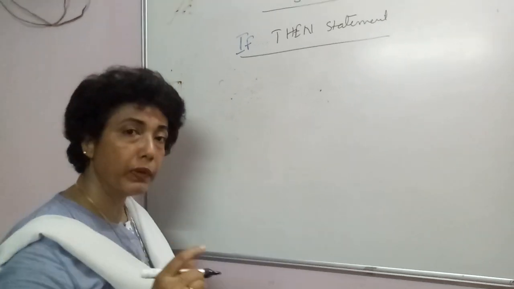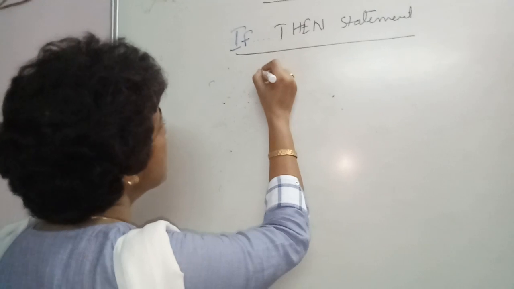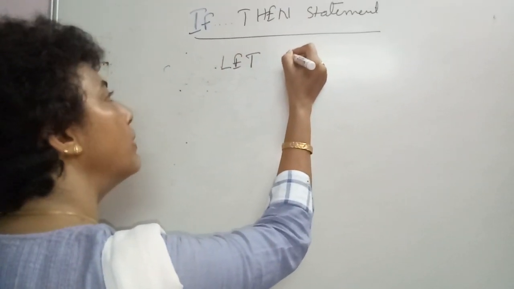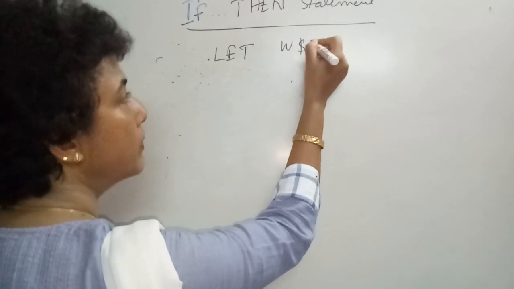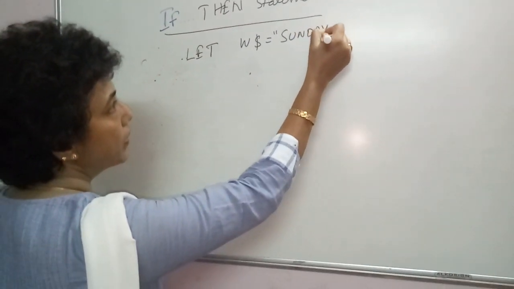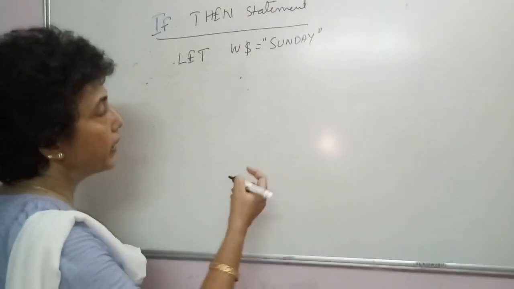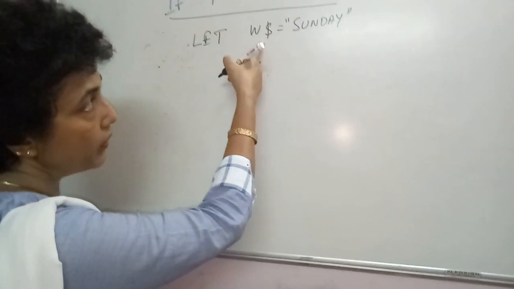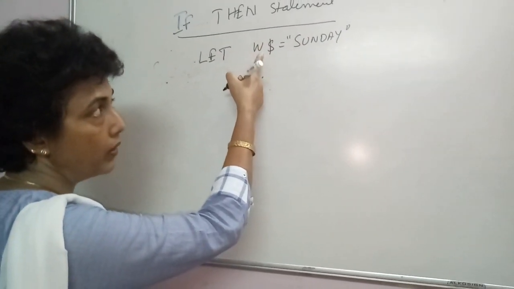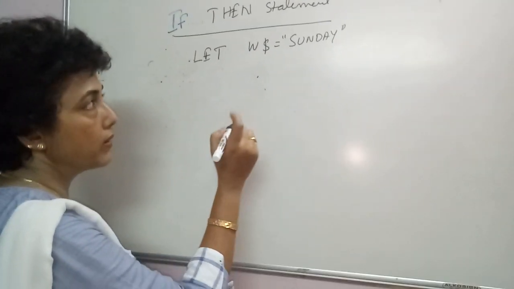So using simple if then, let us say I write let $W equal to Sunday. And then I want to check if the string constant that is stored in this string variable is Sunday, then holiday will get printed, otherwise nothing.